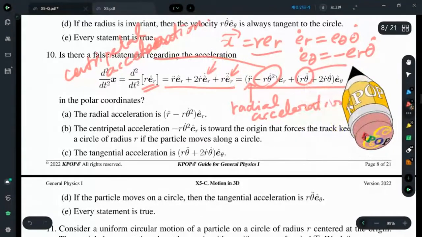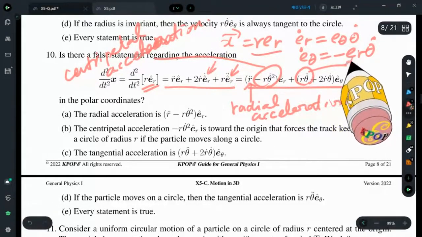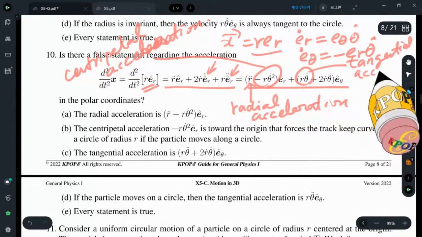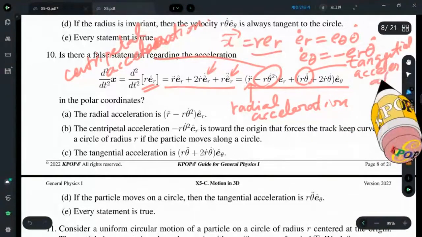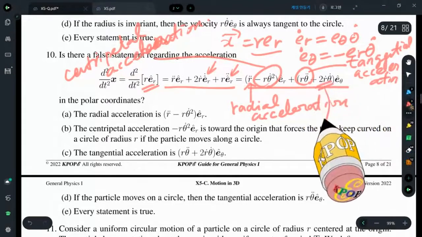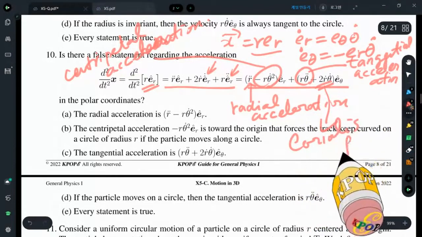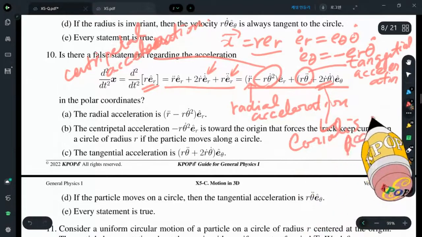This is a tangential acceleration. And this is related to Coriolis acceleration.